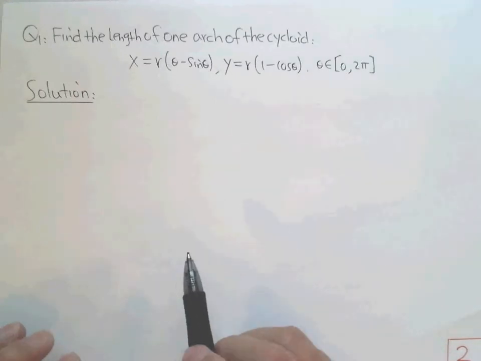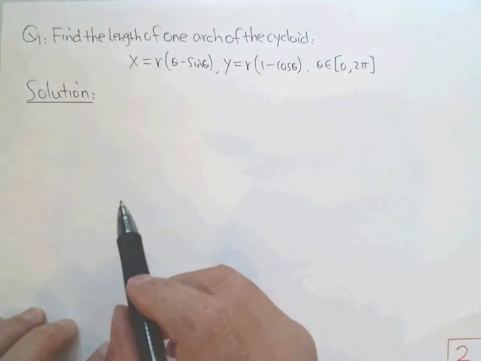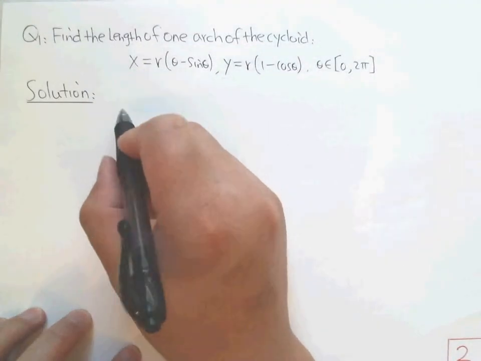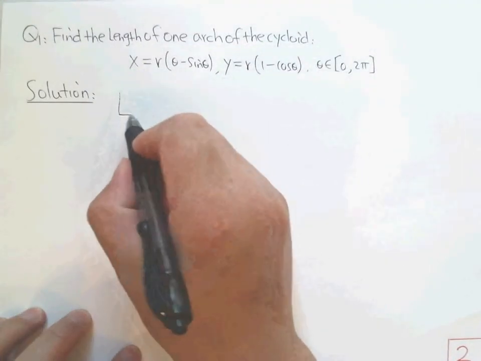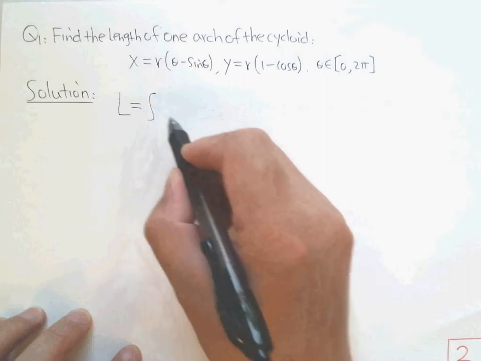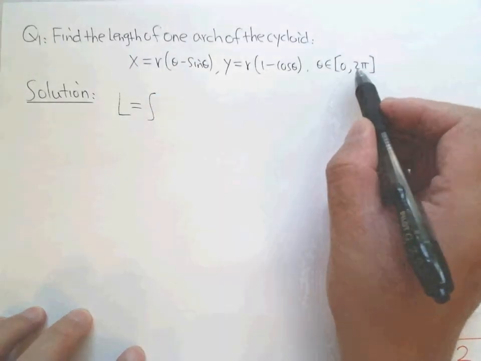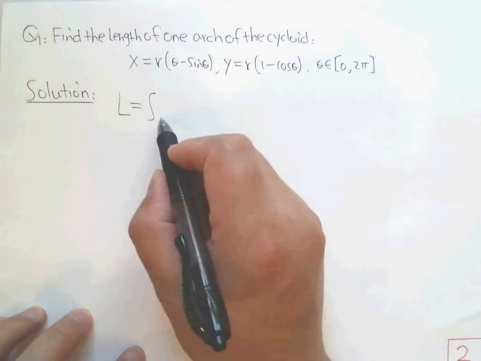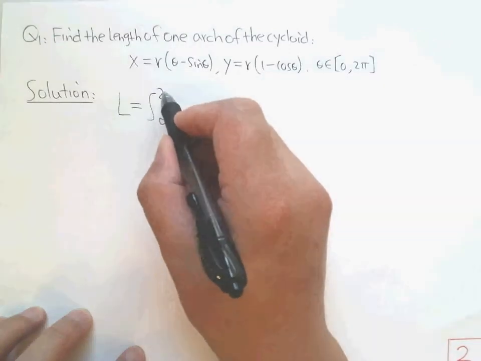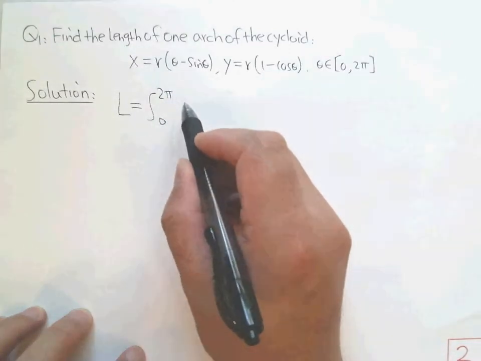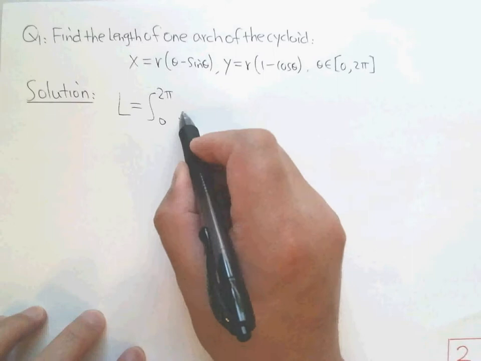And we use the formula first, right? The formula: L equals this integration. I directly go to theta, and theta goes from 0 to 2 pi. And how to find ds? Ds, remember, is this big term.